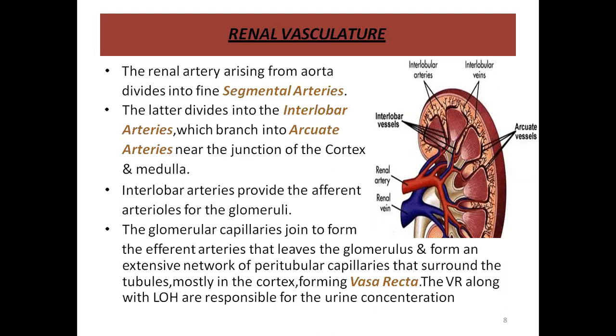The glomerular capillaries join to form the efferent arterioles that leave the glomerulus and form an extensive network of peritubular capillaries that surround the tubules, mostly in the cortex and also in the medulla, to form the vasa recta. The vasa recta, along with the loop of Henle, are responsible for urine concentration.